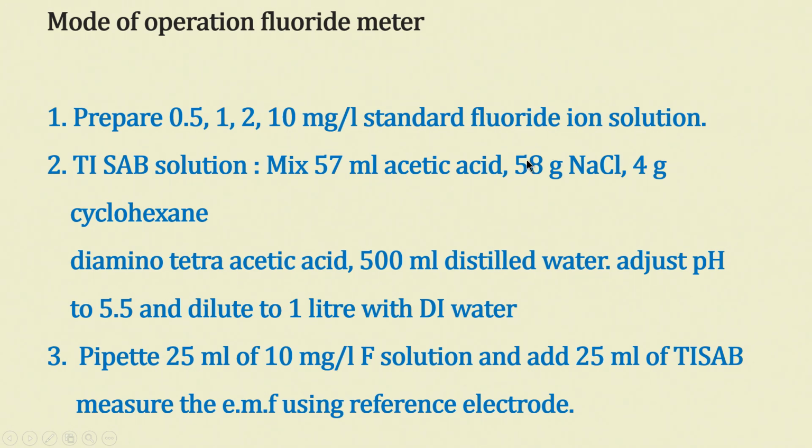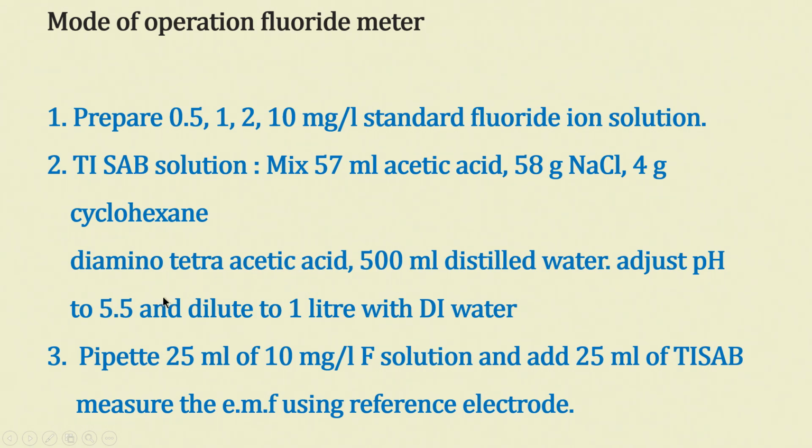Then what else do you need? You need a TISAB solution. It is nothing but one containing cyclohexane diamino tetraacetic acid. So, you have to mix 57 milliliter of acetic acid, 58 grams of sodium chloride, 4 grams of cyclohexane diamino tetraacetic acid, and then 500 ml of distilled water.